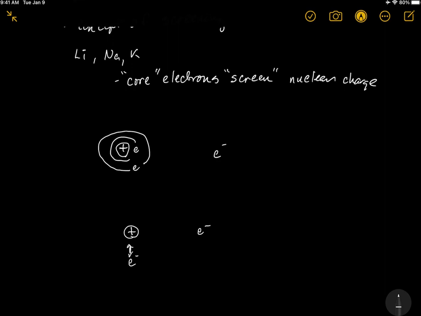Let's say we just had the helium system. But then the other electron is going to experience this electron-electron repulsion, and when you plot out the potentials and add them together, it's going to look like there's an effective potential that's less than a full +2 nuclear charge.